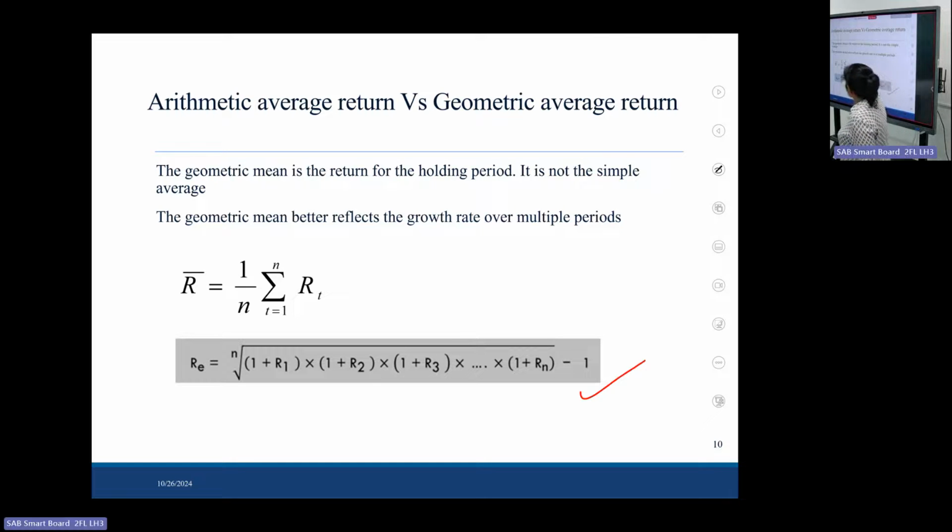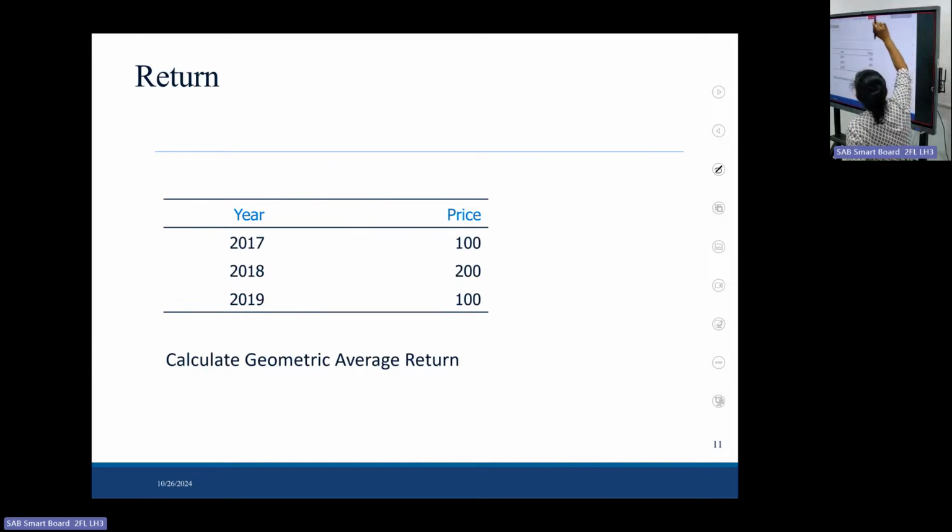If you calculate the average return for the holding period, it will be an overestimation. This is wrong; it does not provide the correct value. The correct estimation for the holding period you can get through the geometric mean. I will explain with an example.